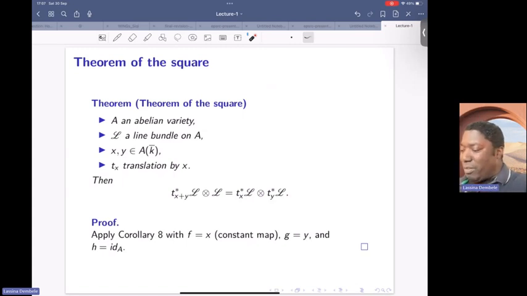And the way to prove the theorem is to apply the corollary that we just saw to the two constant maps, F equal X and G equal Y. And the third map would be the identity map on A. So if you apply the theorem to these three maps, then you would recover this theorem here.